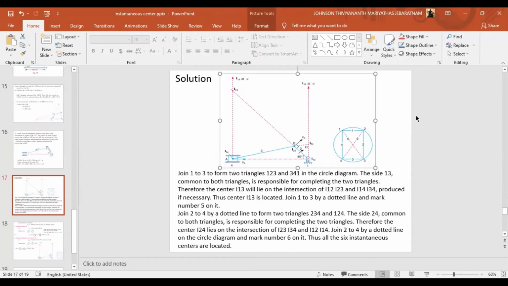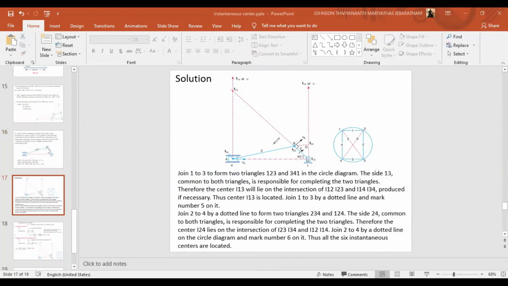So here's the diagram. Here's the crank, connecting rod, slider, and fixed link. We'll first mark the fixed instantaneous centers. This is a fixed instantaneous center, as this crank is fixed to this, so I1,2.